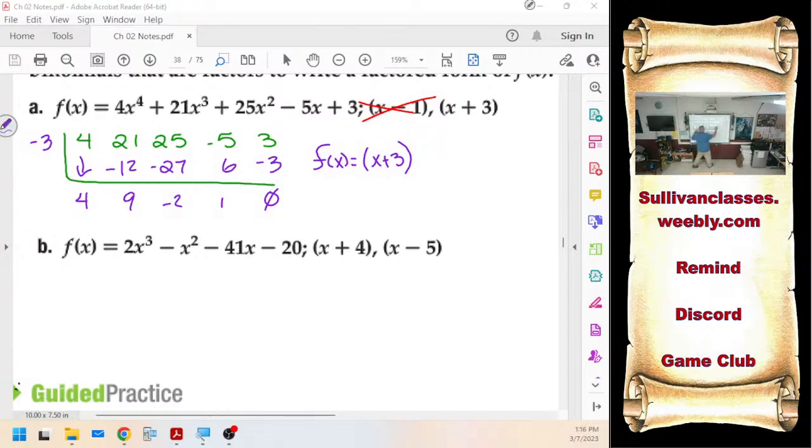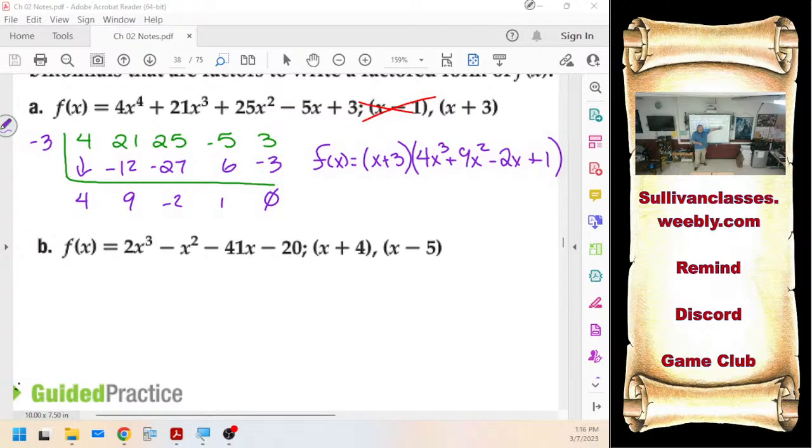This should be a cubic. 4x cubed plus 9x squared minus 2x plus 1. When we say write it in a factored form, that means you don't have to go to the fully factored form. Fully factored form. Is it F's in math instead of F's in chat? Fully factored form.